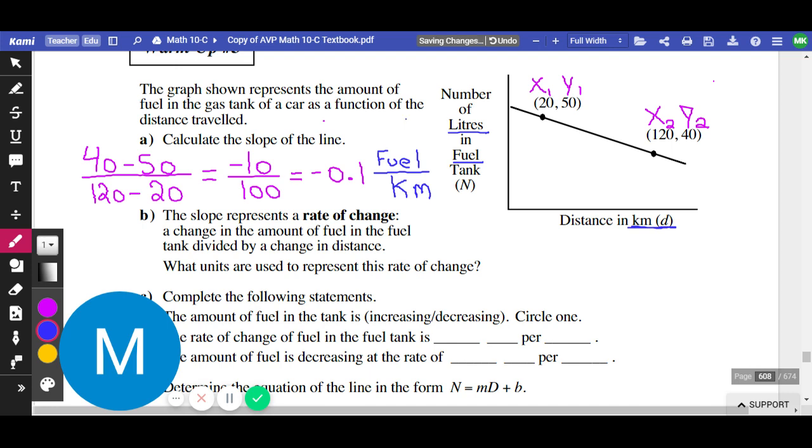Because it's decreasing, I have a negative slope. That means I'm losing 0.1 liters of fuel for every kilometer I drive. That's what that represents. You could also look at back here and be like, I'm losing 10 liters of fuel for every 100 kilometers I drive. And you could even use your fraction to help you put context into something.